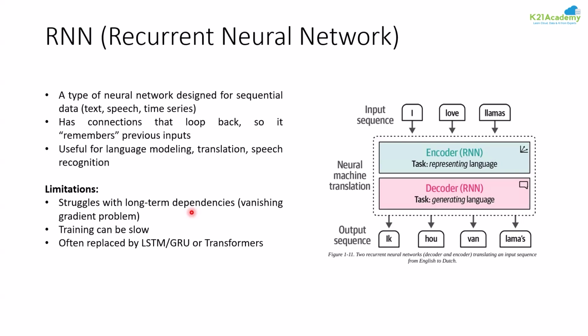That means it was not able to retain the information for a longer time, because of which it was able to do small task translation, but it was not useful for long-term dependency translation. Training was slow too. Now it has been replaced by long short-term memory and GRU, but that is actually replaced right now by the transformer.